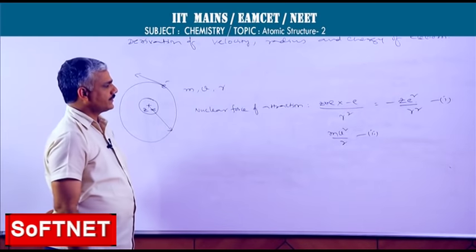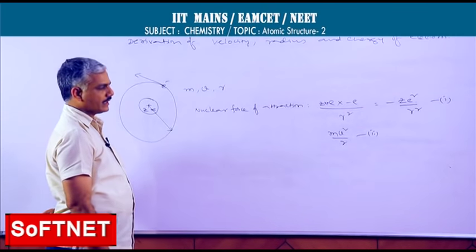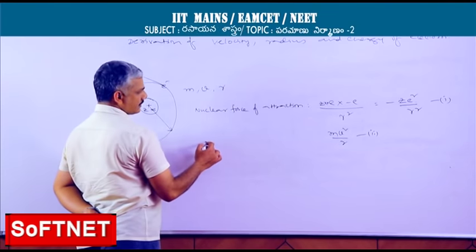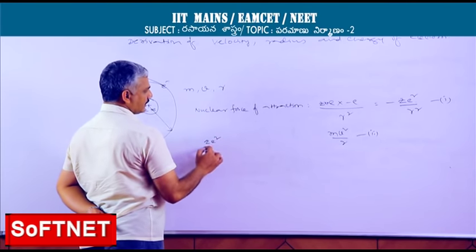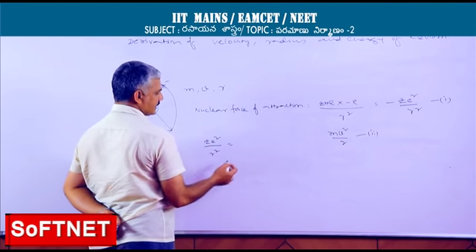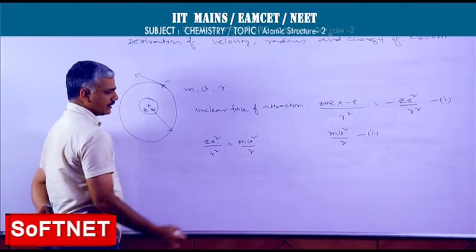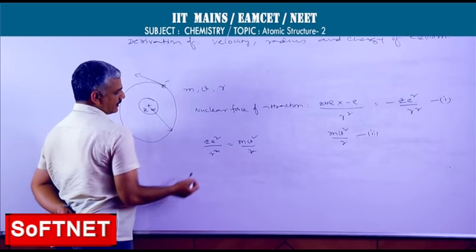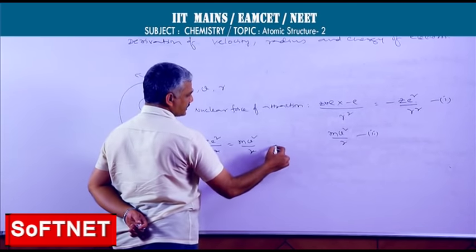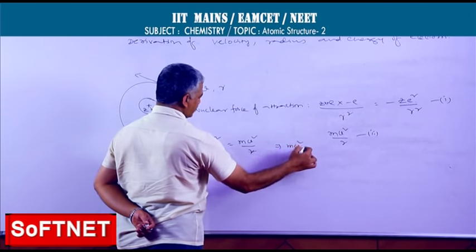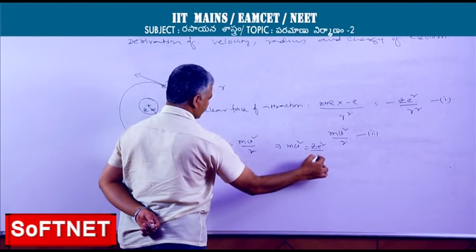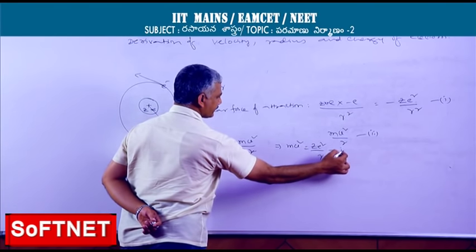As these two forces are equal in their magnitudes, we will equate the magnitudes. Z E square by r square is equal to mv square by r, and this can be simplified as mv square is equal to Z E square by r.